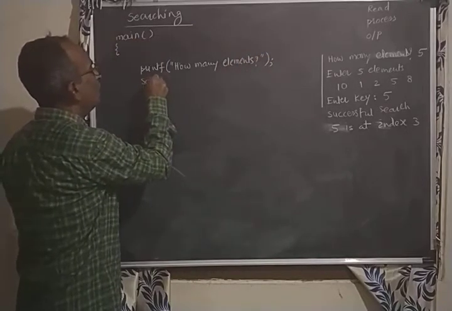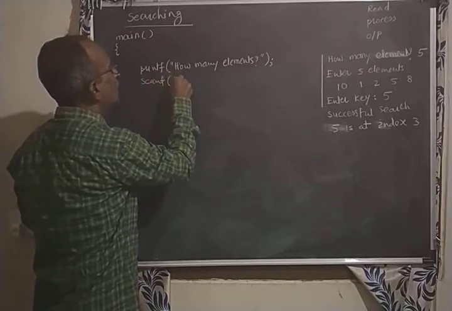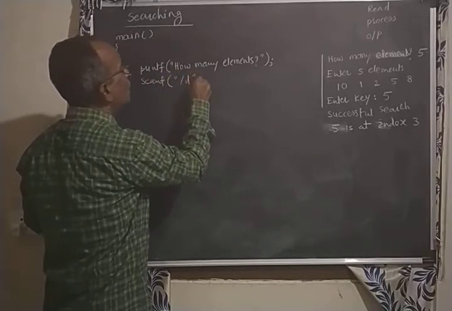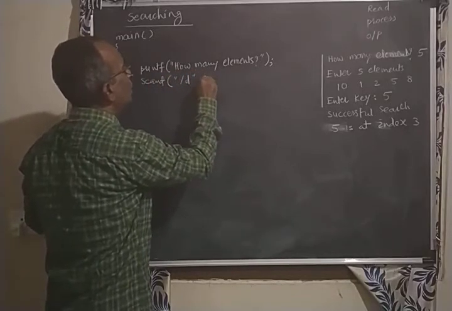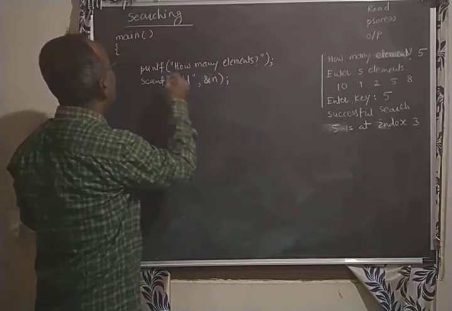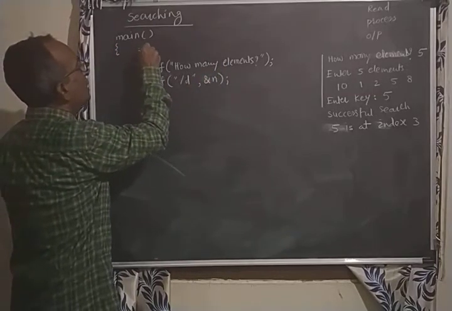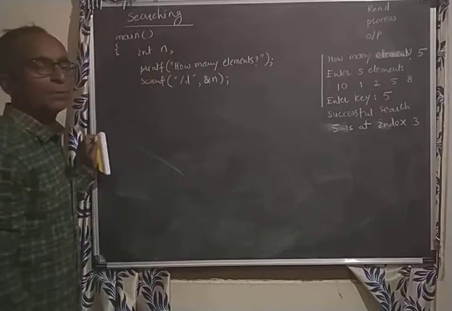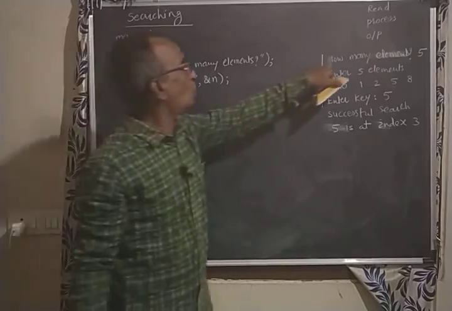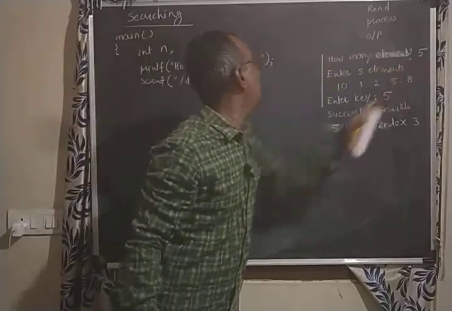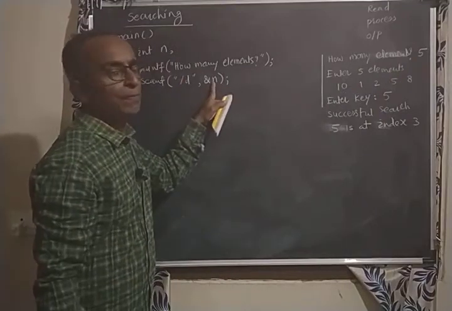Then I'll be reading that integer value n, address of n you have to give, n you have to declare as integer. So this is over. We have read this 5 in this n.